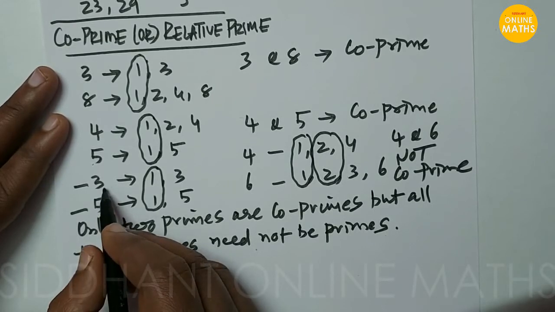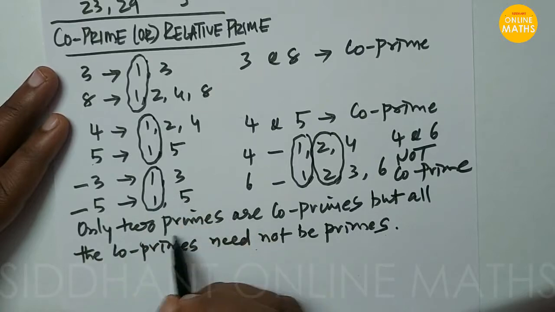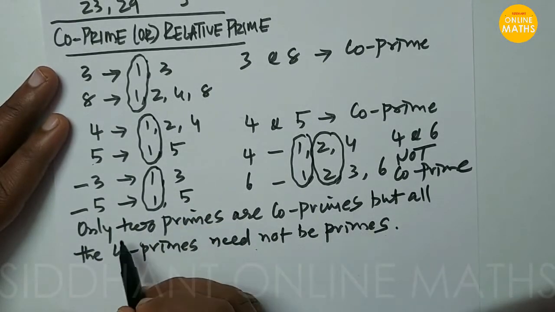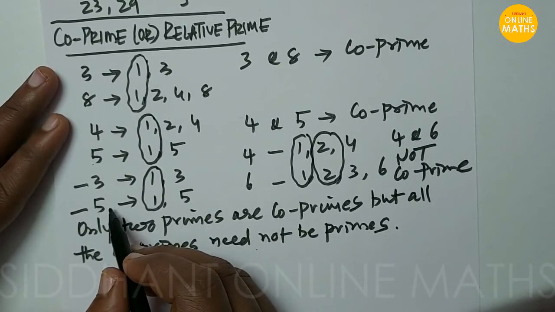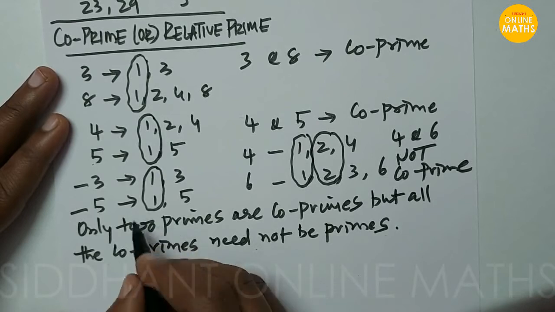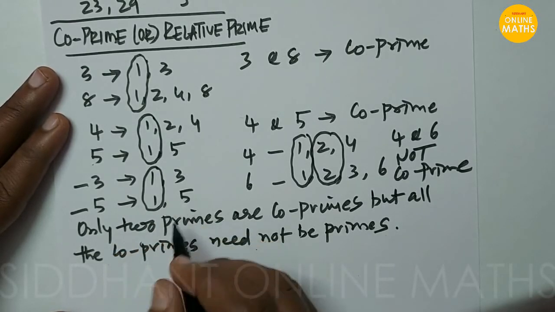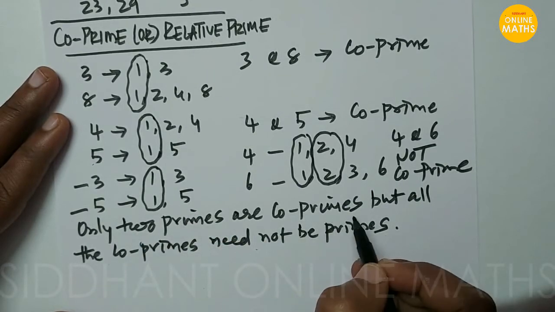When you compare these 2 prime numbers, the common factor is 1. So 2 primes are co-primes.